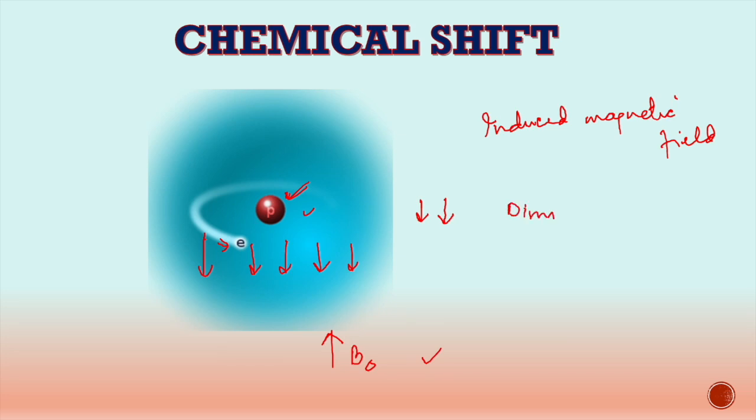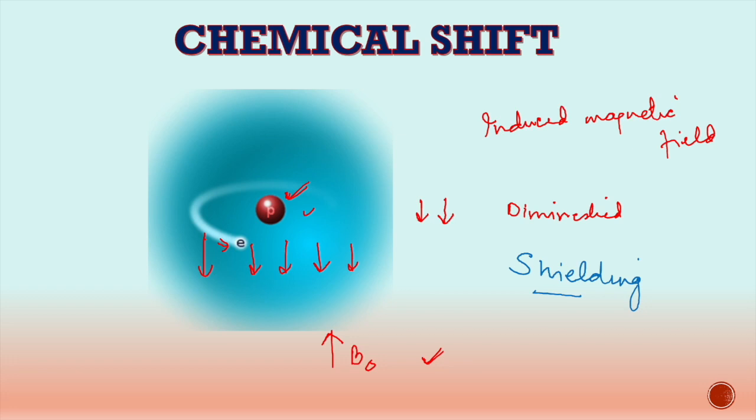It will be less in magnitude with respect to the external magnetic field which is applied, and this situation is called shielding. Technically we say that the proton is shielded.